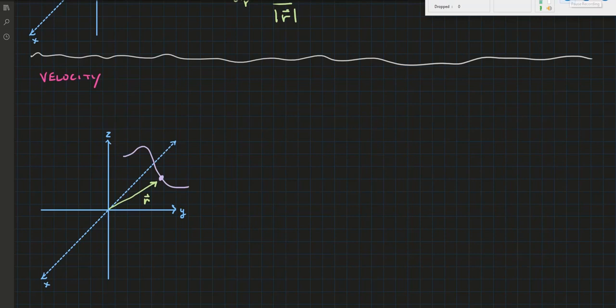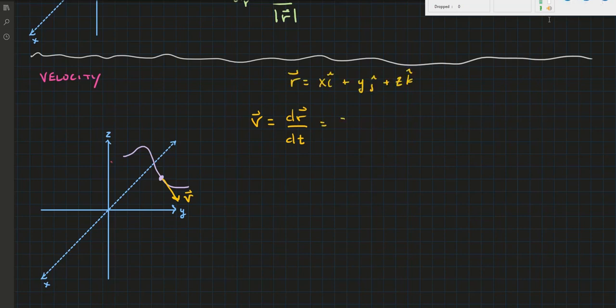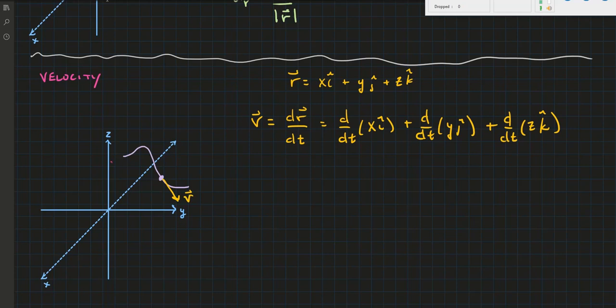Let's find our velocity. So our velocity is going to be equal to dr/dt. So this equals the derivative with respect to time of x i plus d/dt of y j plus d/dt of z k.